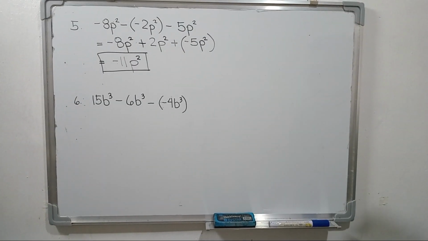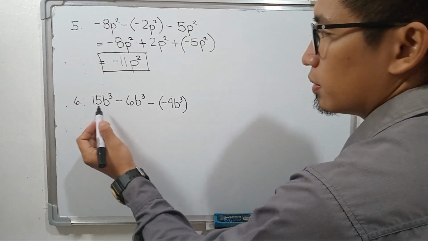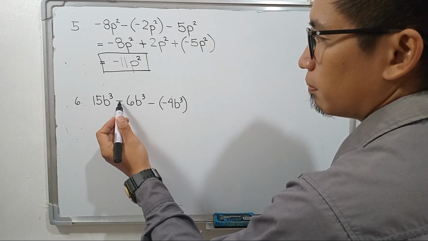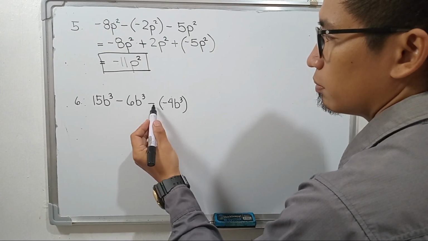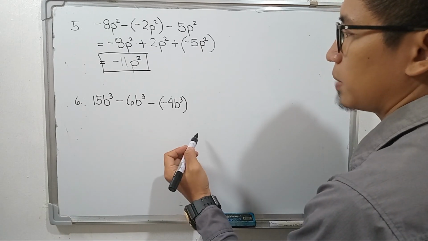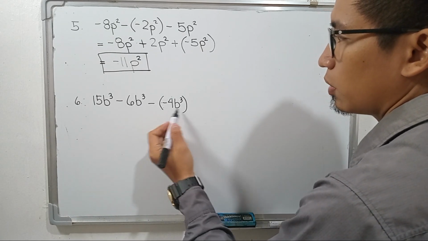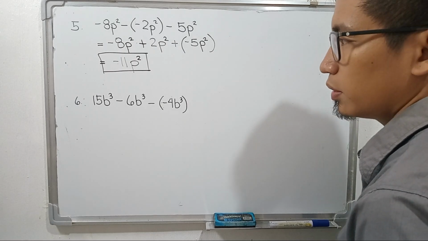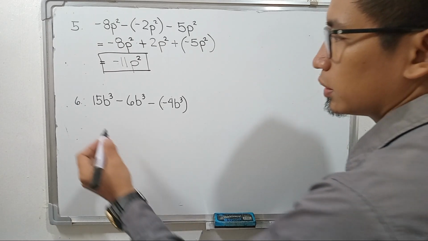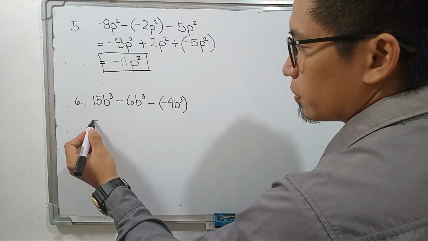Let's have example number 6. This will be our last example for this video. We have 15b cubed minus 6b cubed minus negative 4b cubed. So we have here three monomials. Remember, to subtract a monomial is just the same as adding its opposite.